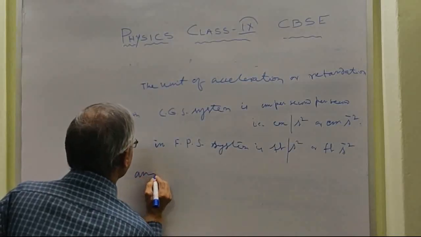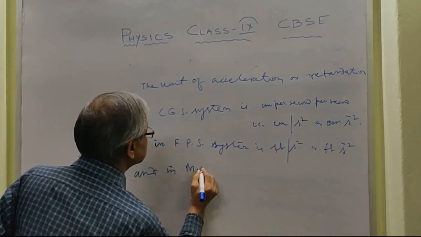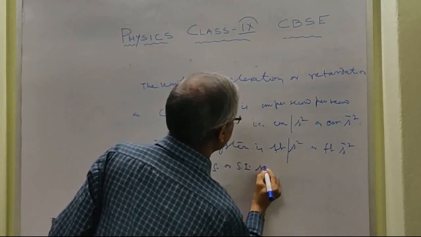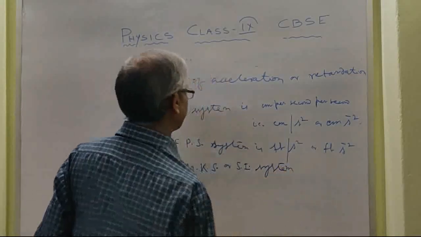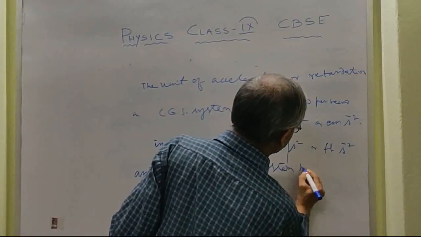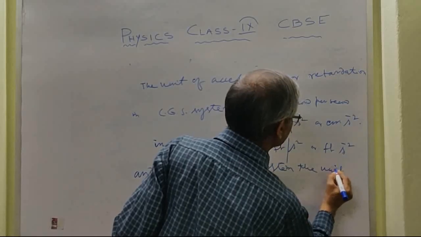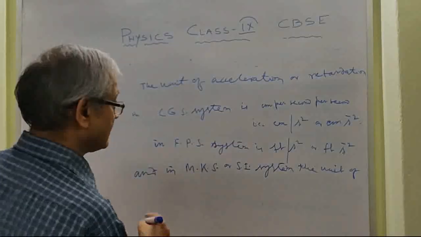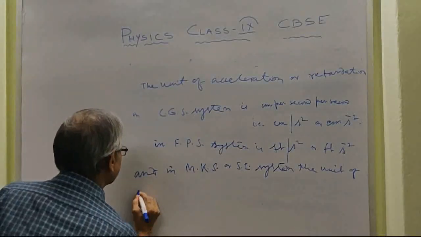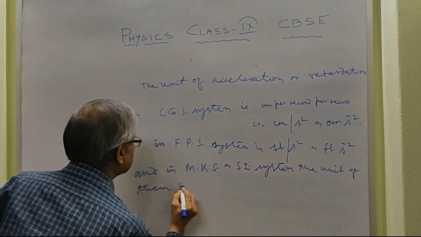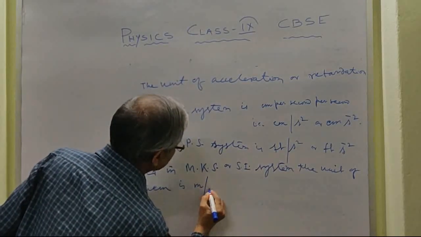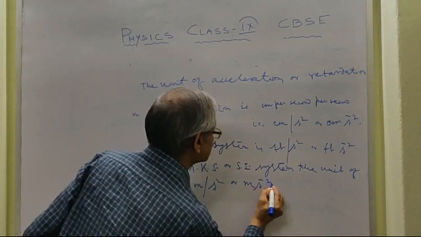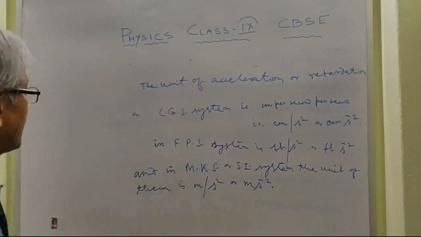And in MKS or SI system, the unit of acceleration and retardation is meter per second square or meter second to the power minus 2.